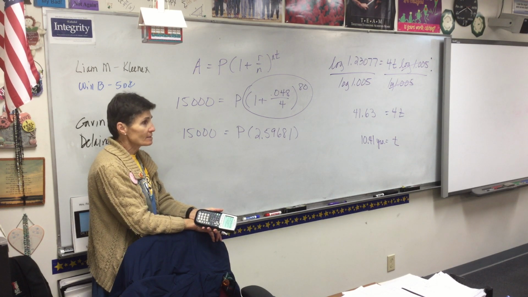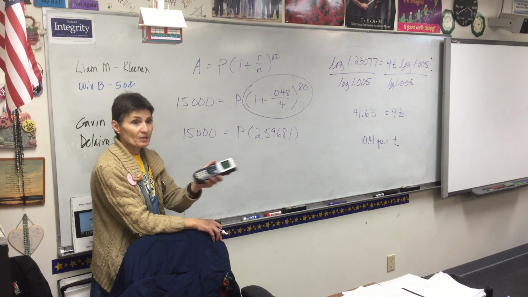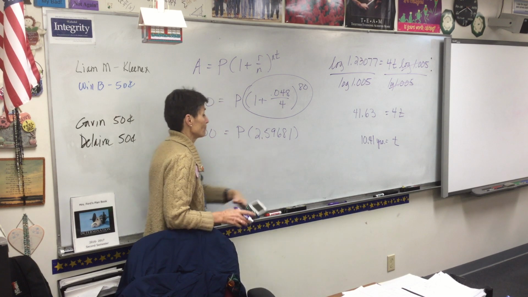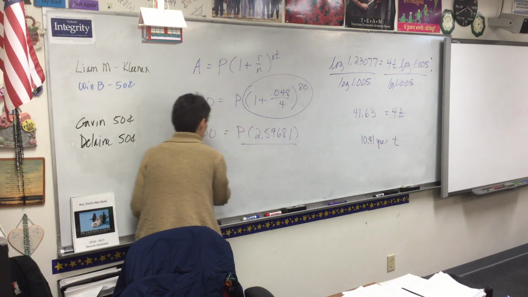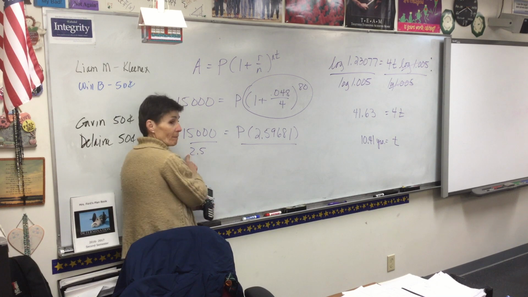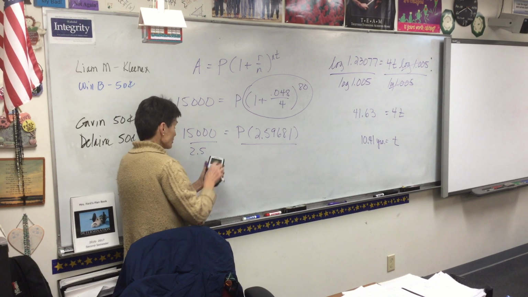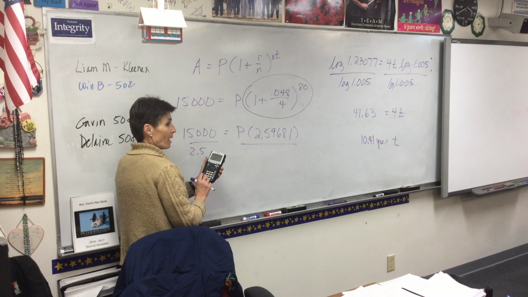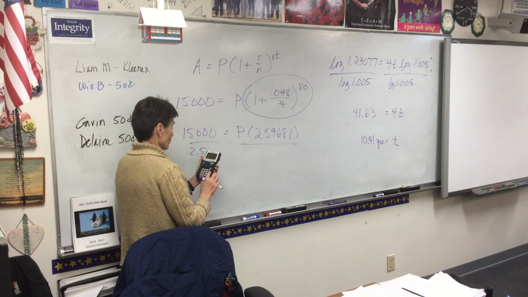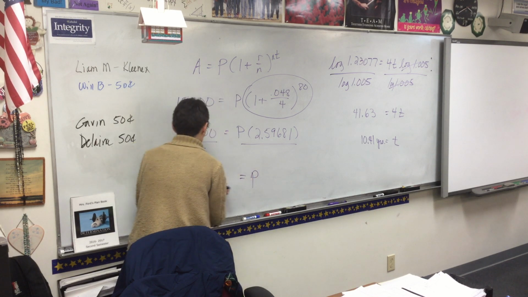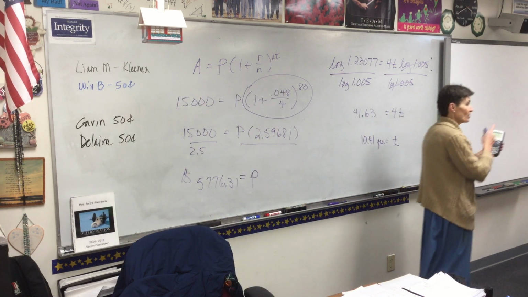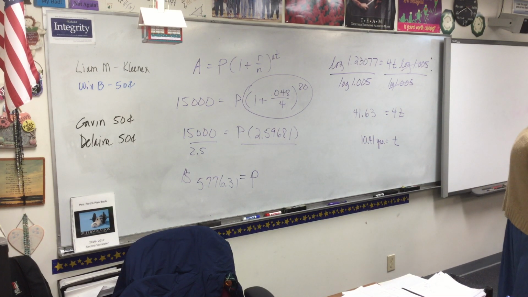All right, now what do I do? Do I need logarithms? No, I just divide, right? Now, let me give you a little hint to reduce round-off error. You want to divide both sides by this number, which is on my calculator right now. So I'm just going to type 15,000 divided by second answer, and it will give me the answer. That's how much she'd have to deposit. Answer is right above the negative sign.